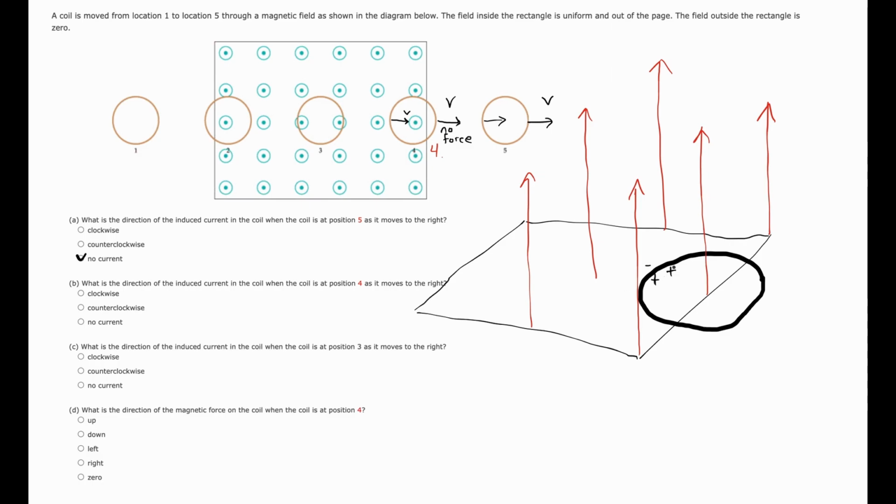So if you think about the positive charges moving, they're moving to the right here. That's the V for them. But then there's a B field pointed upward. And so the right-hand cross product rule would apply to that section of the wire.